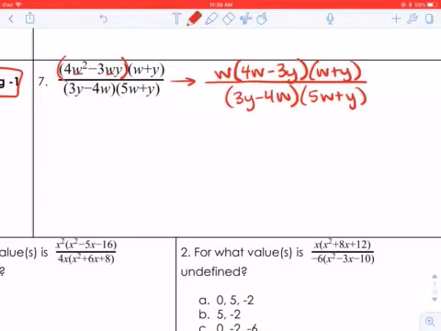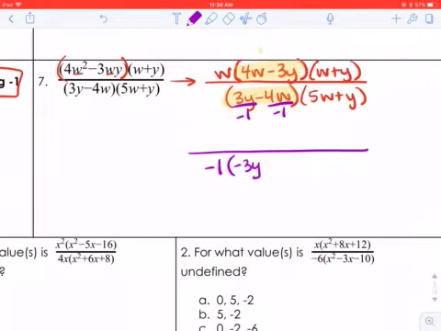So I can see that this and this are basically the same, but one's negative and one's positive. So what that means I can do is I can factor a negative out of one of these. That's going to mean that now I have a negative 1 on the bottom, and that's going to turn into negative 3y and positive 4w.